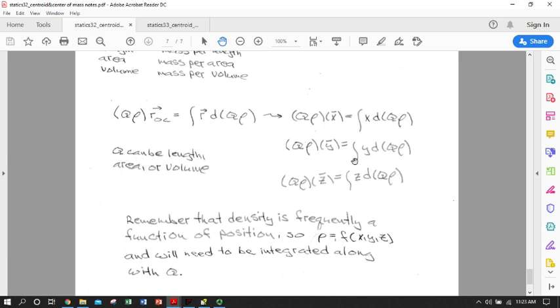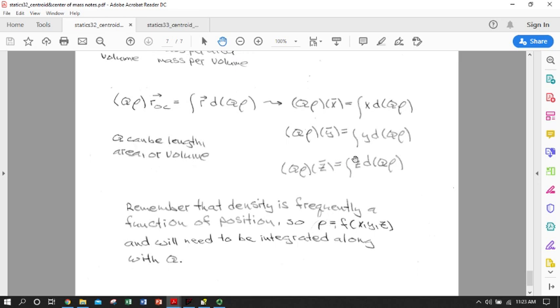Hey, density of this part varies directly with the radius. Easy peasy. Just throw it in. Density equals some constant times r, and away you go. In that case, you would expect your center of mass to be closer out to the edge of something.